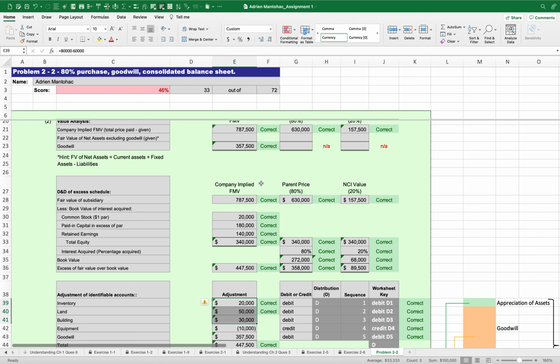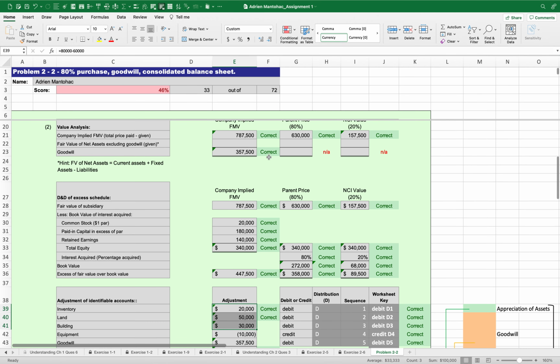And all we're trying to do now is kind of back out and figure out what amount that goodwill was. So now that we have that part, we can subtract the goodwill from the excess price paid to determine really what the fair value of net assets was, excluding goodwill.